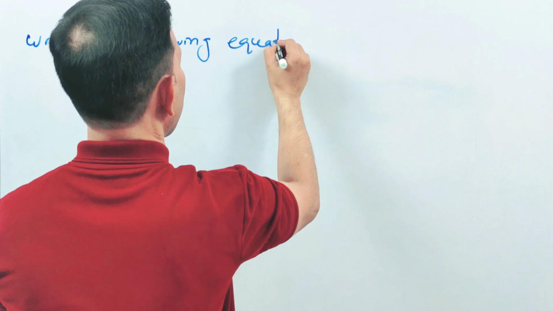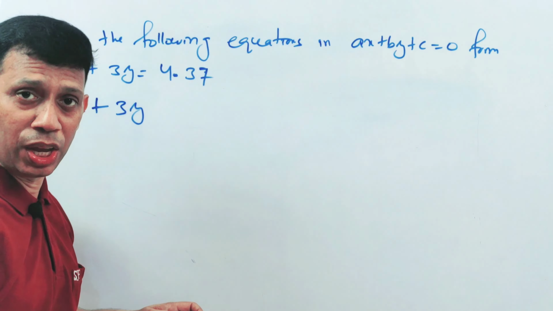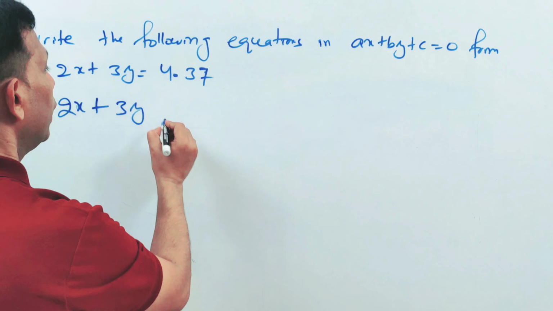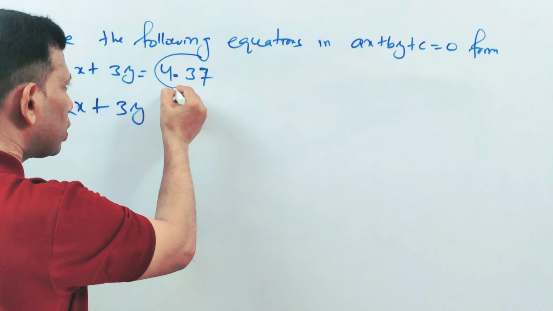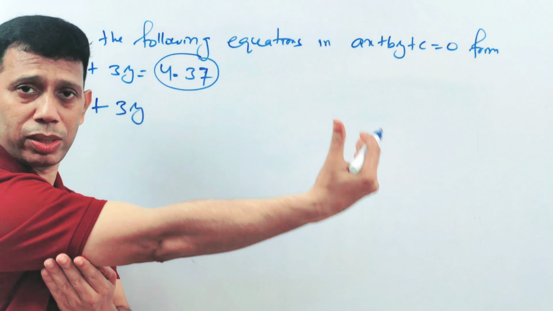2x plus 3y is equal to 4.37, a decimal number I have taken. Now here, this is not looking like the form. Let us make that. 2x plus 3y, it's okay, that is ax plus by, and this 4.37 is on the RHS.